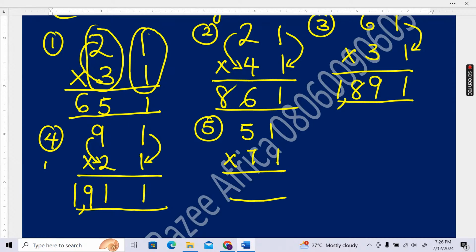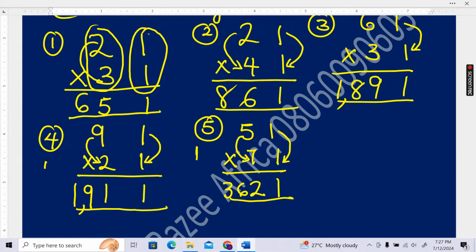Now this is 51 times 71. 1 times 1, that is 1. 5 plus 7. That's the first thing you're going to do. 5 plus 7 is 12. Write 2, carry 1 over. Then 5 times 7 is 35. 35 plus the 1 that was carried over, that's 36.